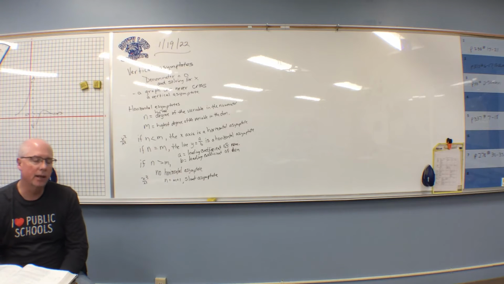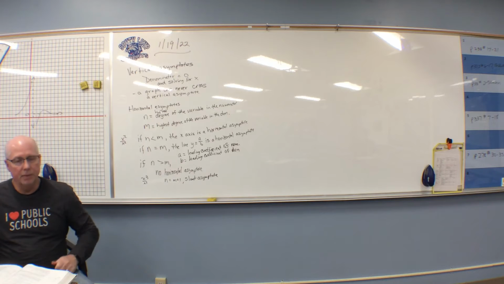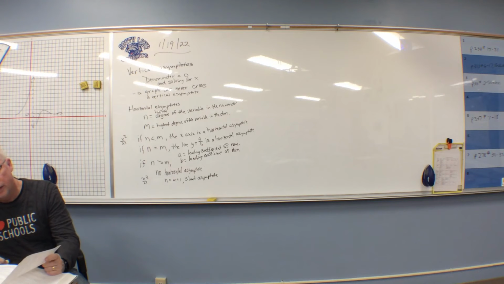Sometimes a graph has a slant asymptote, sometimes a slant asymptote that has a hole in it. Sometimes they don't. It depends on the situation.